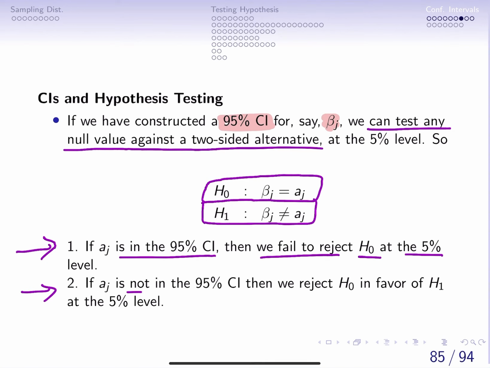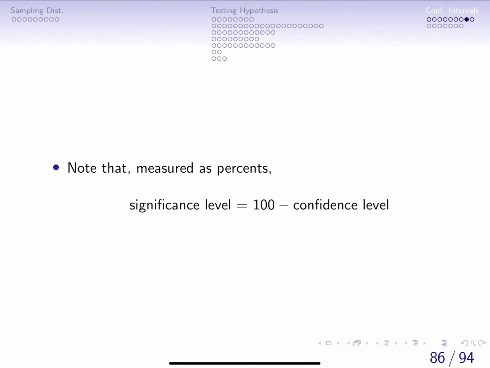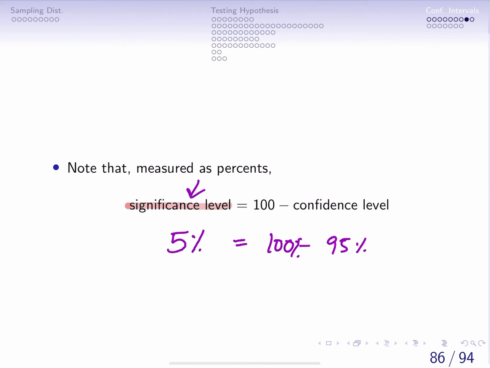And second, if aj is not in the 95% confidence interval, then we reject the null hypothesis in favor of the alternative at that level. And remember that significance levels and confidence levels are two sides of the same coin. When we say we are testing at 5%, then we are necessarily talking about a 95% confidence level. So if you know one, you can discern the other.